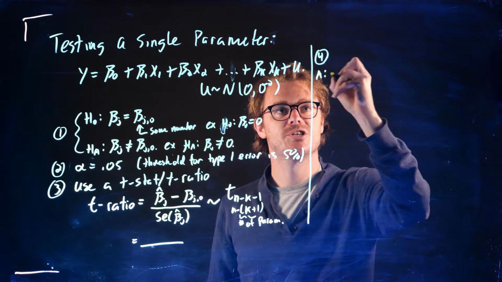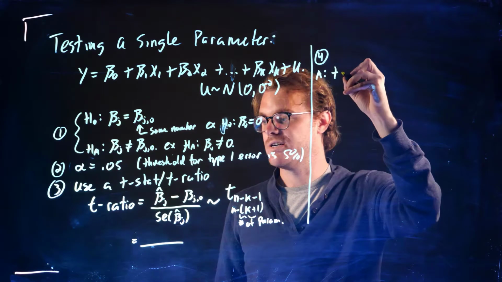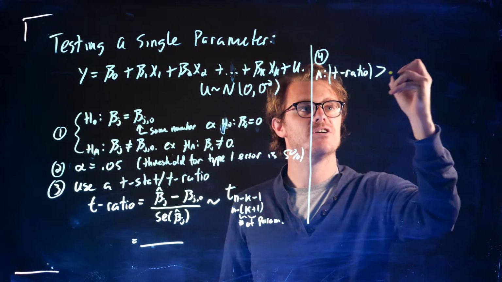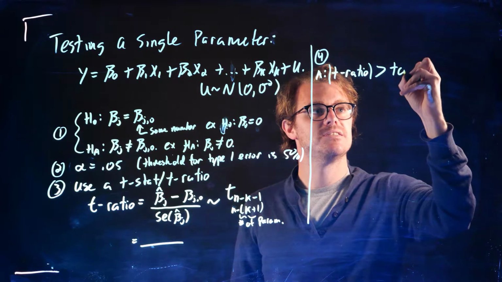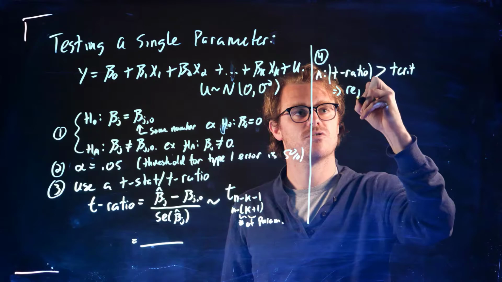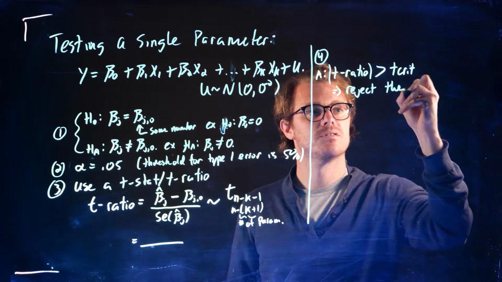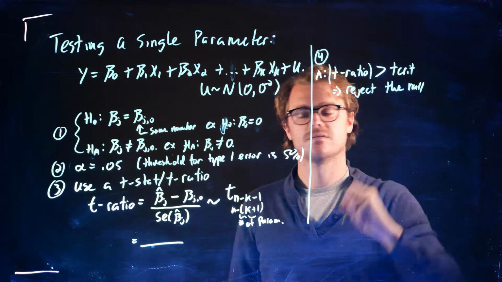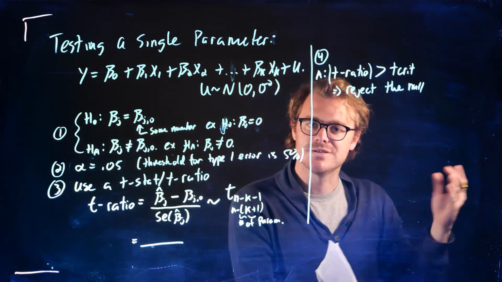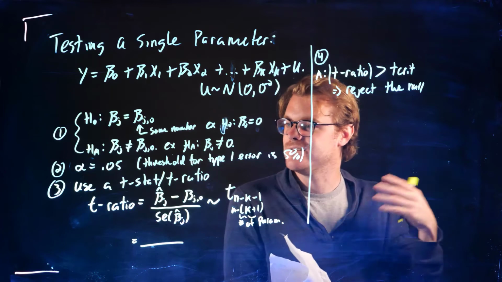So remember option A: if our t ratio, I'm going to take the absolute value, is greater than the t critical, then we're going to reject the null. And again, the critical values are those big tables that sometimes you looked at in the back of your book.